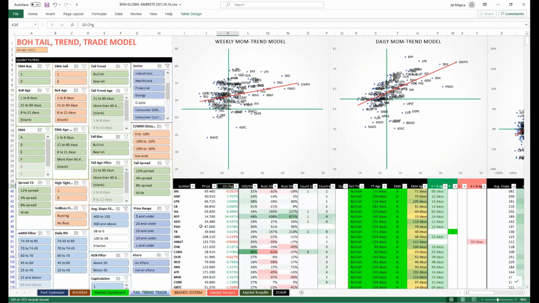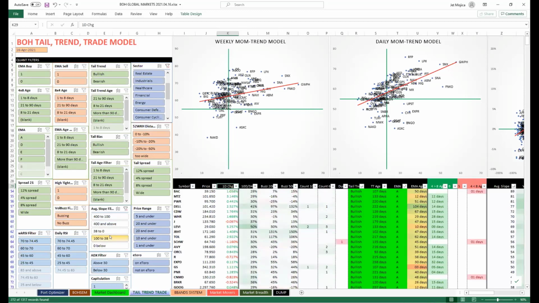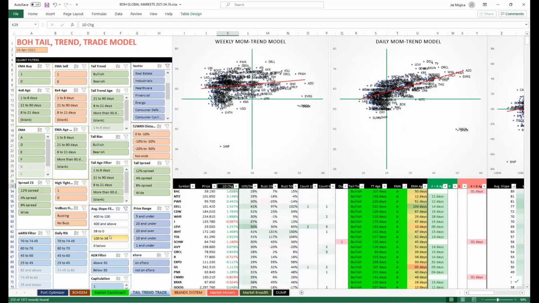Ako, ang sweet spot for me is yung 38 to 100 na mga pangalan pagka nagkaroon ng rotation out of yung mga growth names.